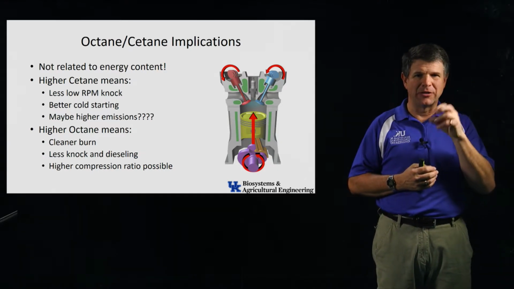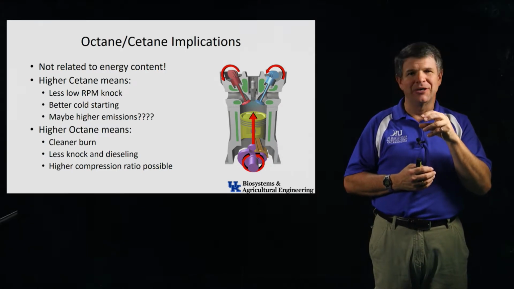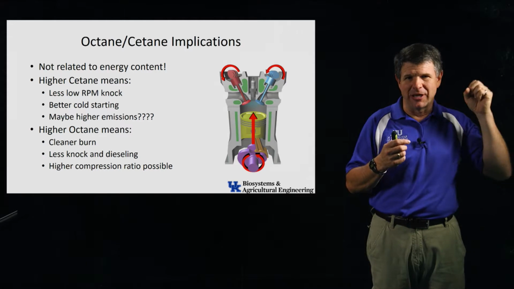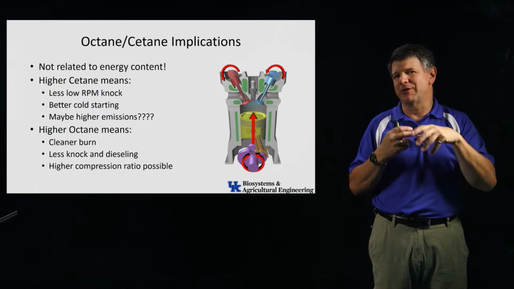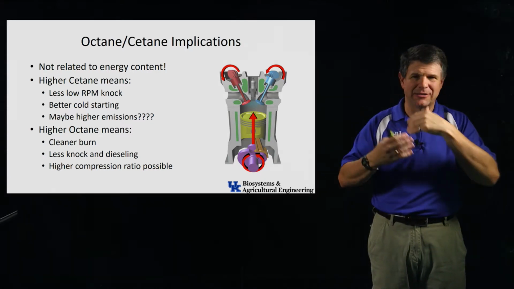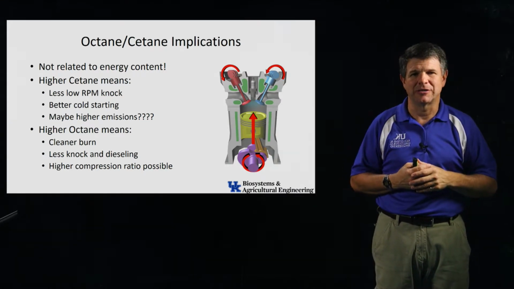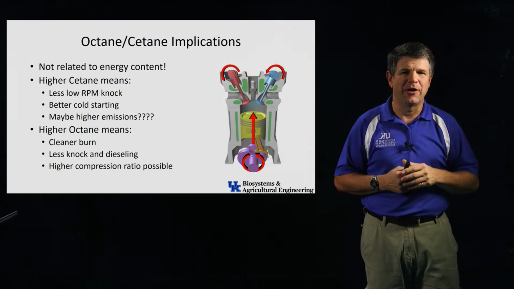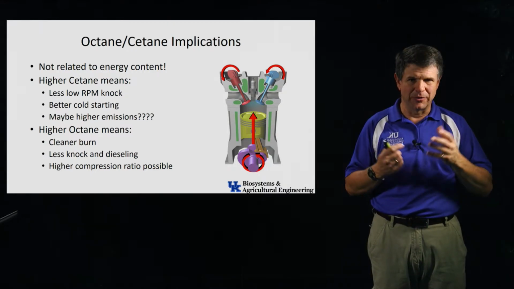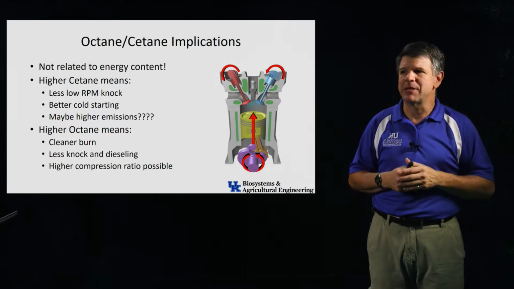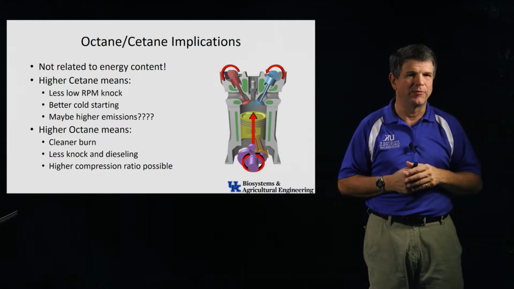For instance, they might do a pre-injection on some of these engines where they put a little bit of fuel in there and it burns, and then they put the real shot of fuel in later. What that does is create some turbulence and some different mixing so we get more complete burning. So there's a lot of things that engine manufacturers and designers will do to increase that. Okay, but those are the implications of what cetane will do for me.